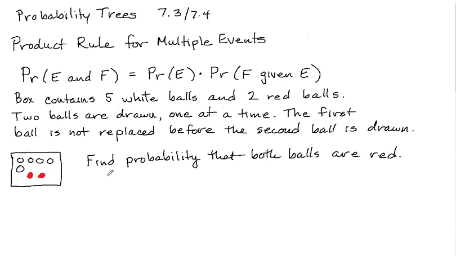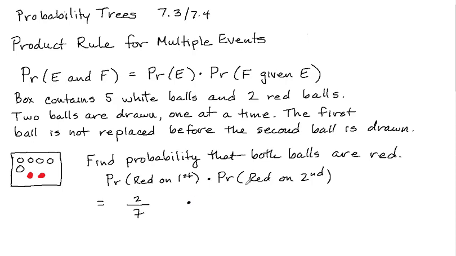Okay, then event E would be the probability that you get a red on the first. Then we multiply that by the probability you get a red on the second draw. So the probability of getting a red on the first draw, there's 2 successes out of a total of 7 balls in the box, times, okay, now, given that we got a red on the first draw, and given that we don't replace it, one of those is not there anymore.